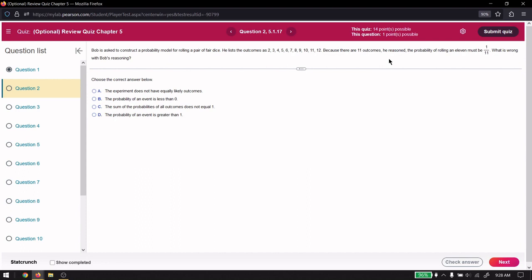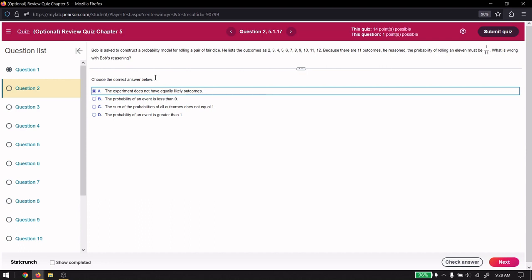The only way you can get 2, however, is with two ones, and 12 is with two 6s. Those are very rare because there's a limited number of possibilities to get a 2 or 12, but 7's quite frequent. And so what this is telling us is that this experiment does not have equally likely outcomes. 7 is much more likely than 2 and 12.